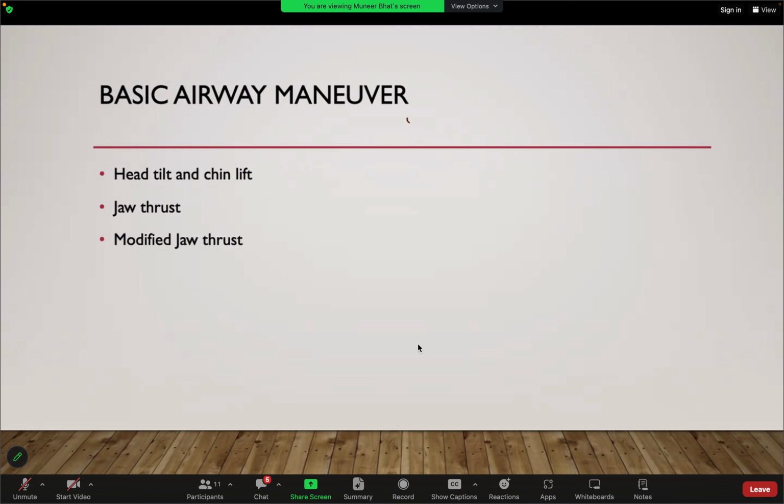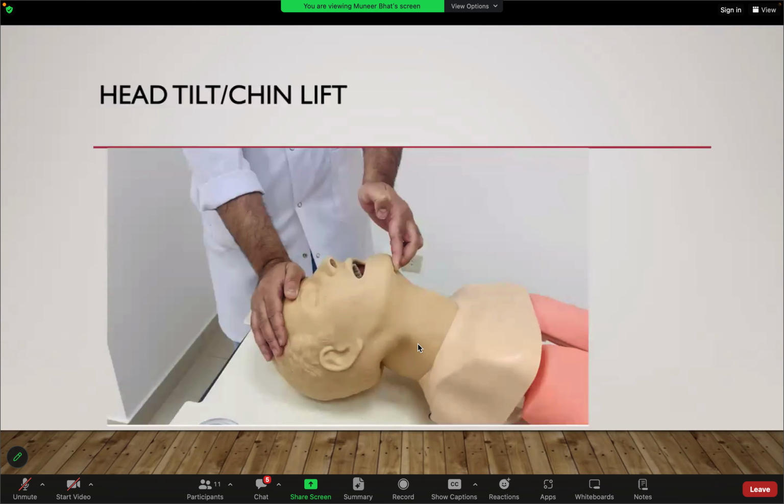This is the first basic maneuver, head tilt and chin lift. It can be asked in your exam, what are the basic airway maneuvers? So head tilt, chin lift is the first, then jaw thrust, and then third is the modified jaw thrust. So these are the basic maneuvers that maybe if you have done the BLS also, you can hear these type of maneuvers there.